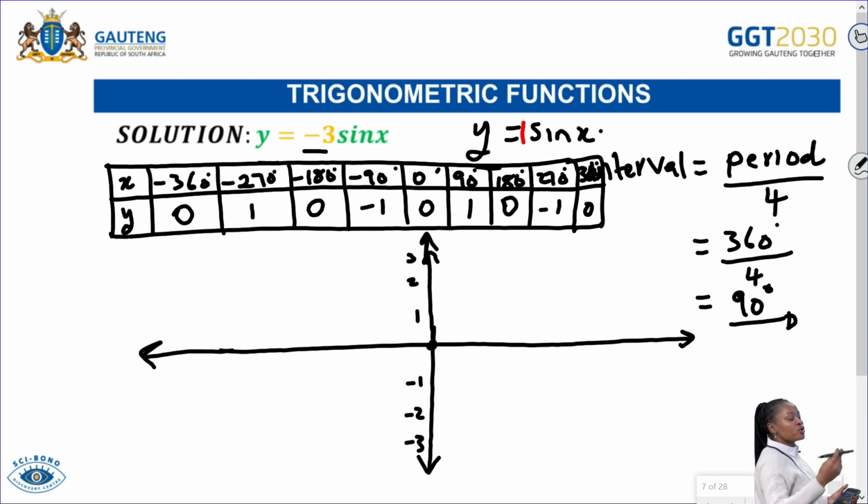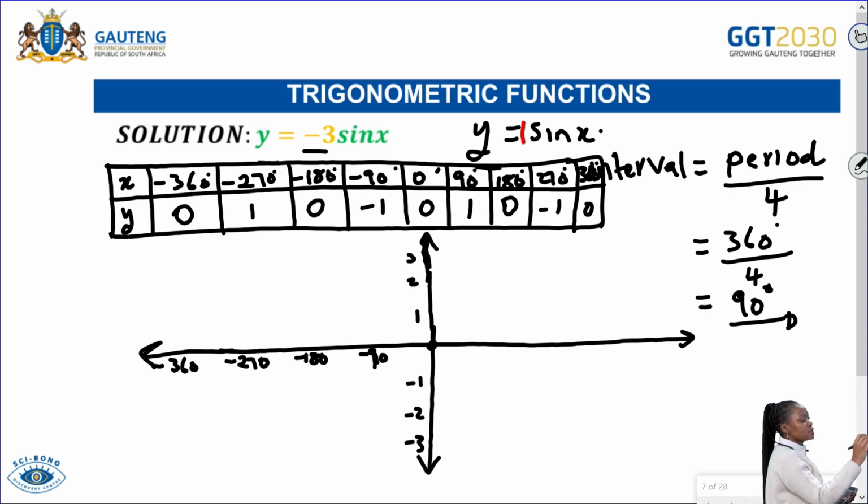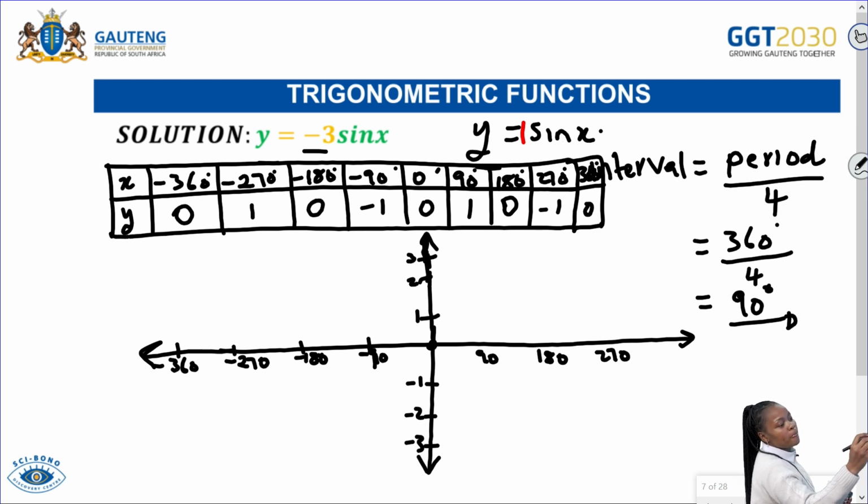Make sure that you use your ruler, and the spaces in between are the same. So on this side I'll have negative 90, negative 180, negative 270, negative 360 degrees. On this side I'll have 90 degrees, 180, 270, 360 degrees.